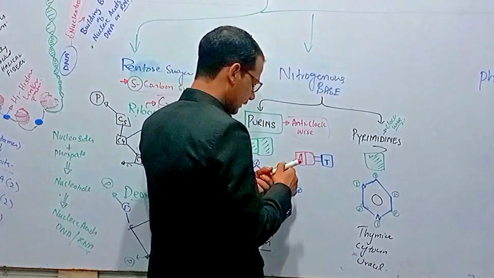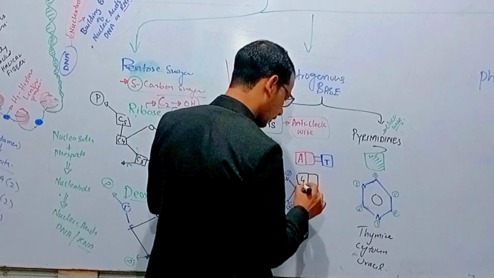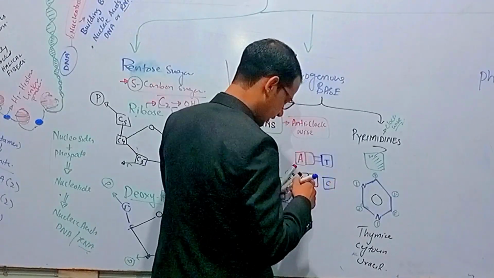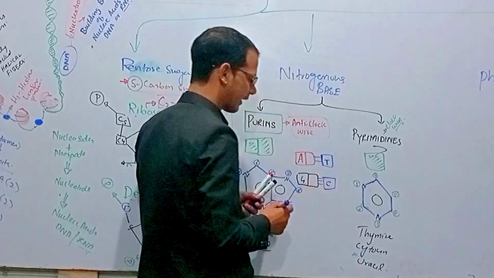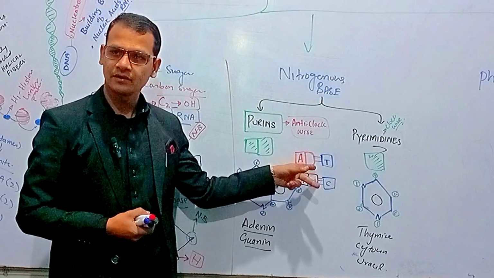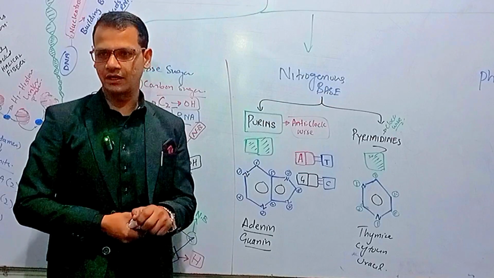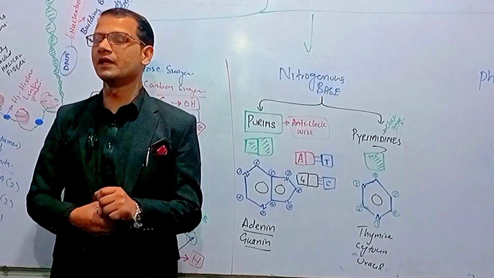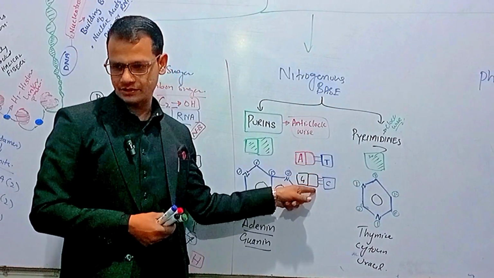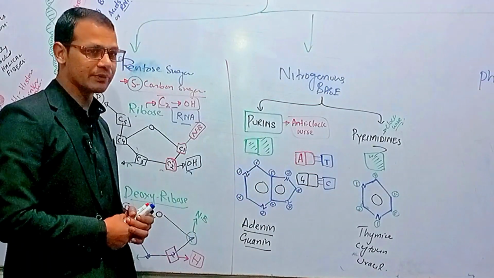And guanine will always make a bond with cytosine, but with triple hydrogen bonding. So which one is stronger? Guanine and cytosine, right? This is also the importance of this bonding: we can denature the DNA easily here and not easily there.